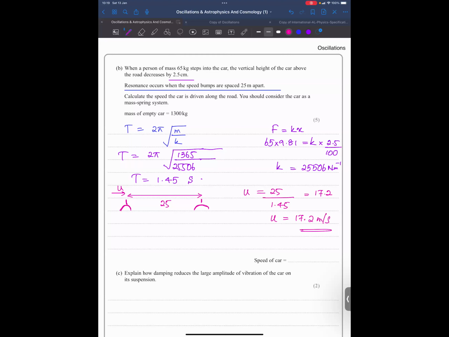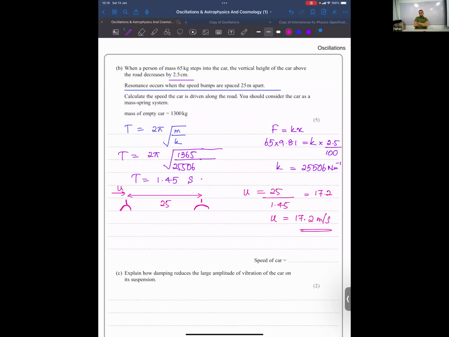This is the speed at which the car will be moving if resonance is occurring when the bumps are 25 meters apart. Also, you can instead make 1 over T as f and use v equals f lambda.